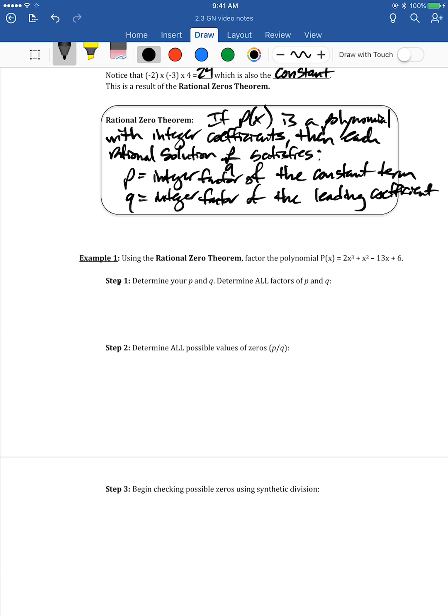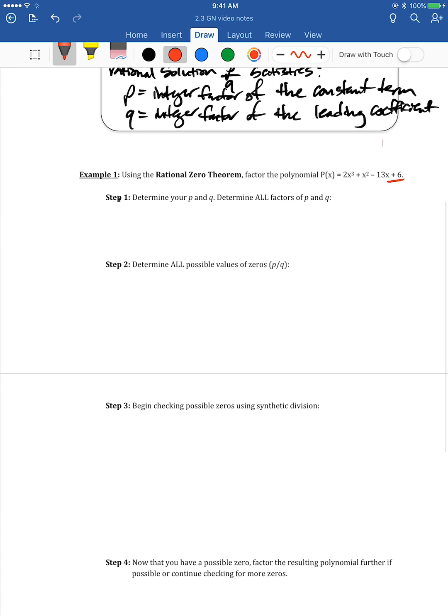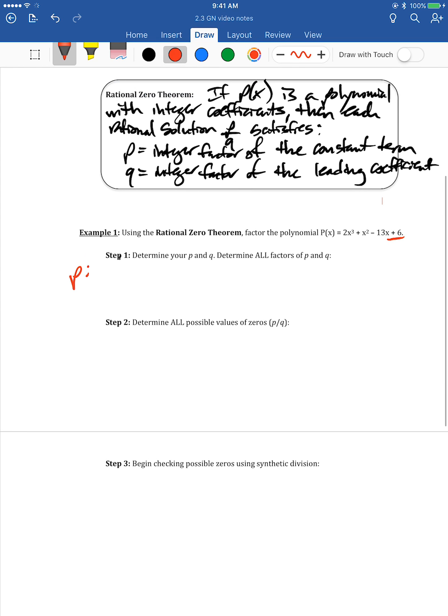So we have positive 6, and our p is going to be every integer factor of that constant term, positive 6. So what numbers can we multiply to get positive 6?